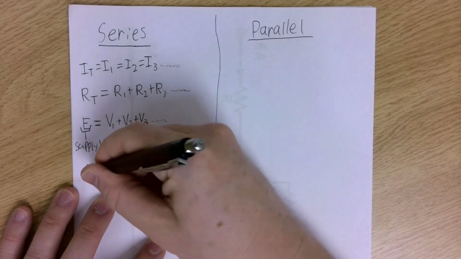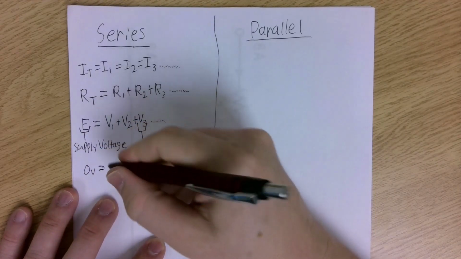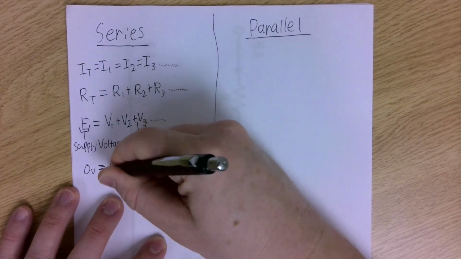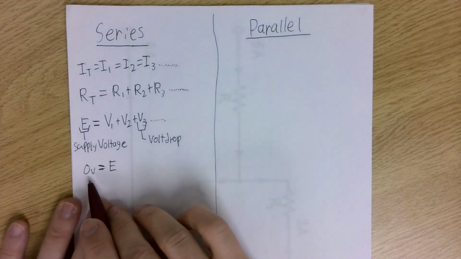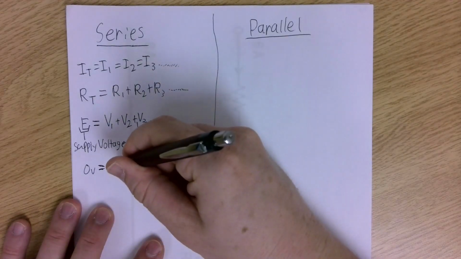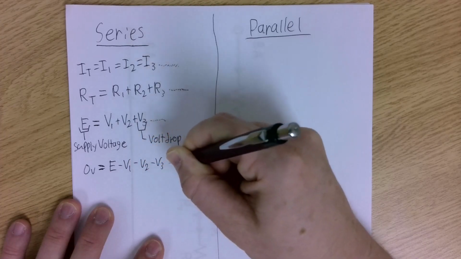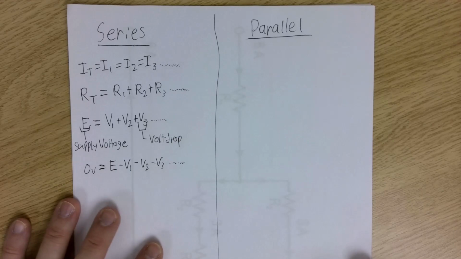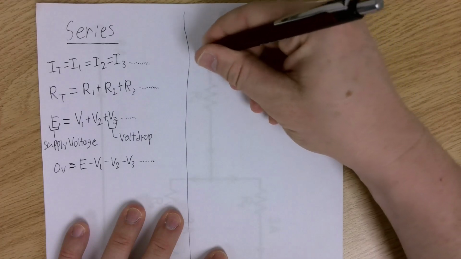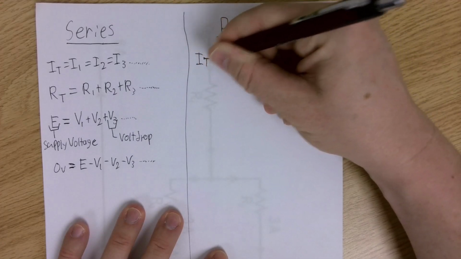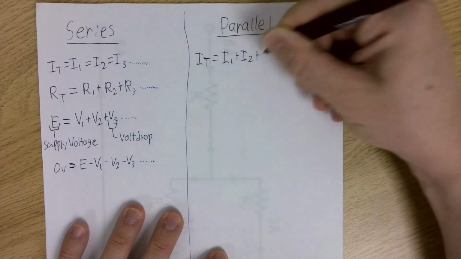If you remember, we can also represent it like this, which was more true to Mr. Kirchhoff's actual law, which was that our voltage rises are the sum of our voltage drops, or 0 volts is equal to E minus V1 minus V2 minus V3, etc. And for our parallel circuit rules, we had I total now equals I1 plus I2 plus I3.